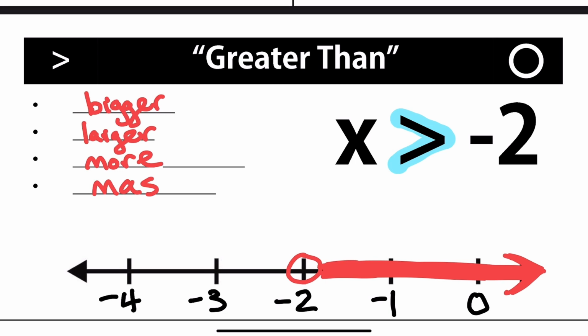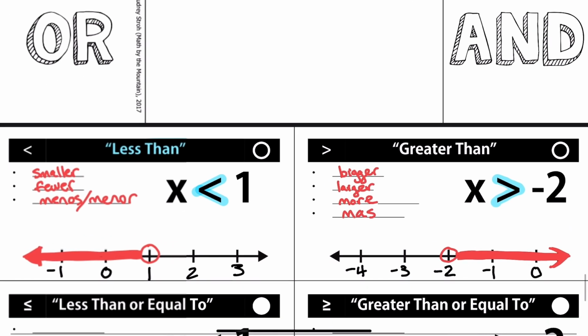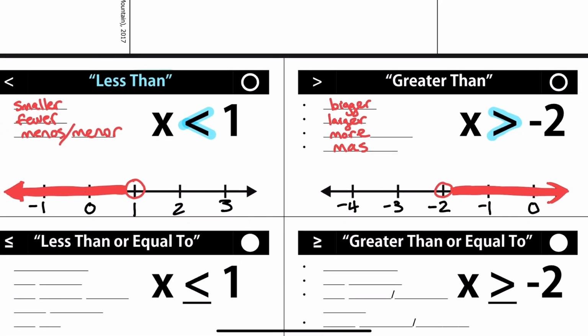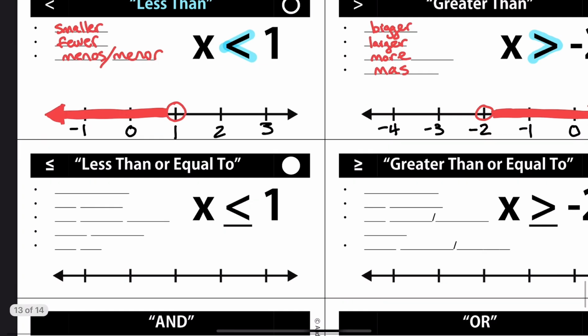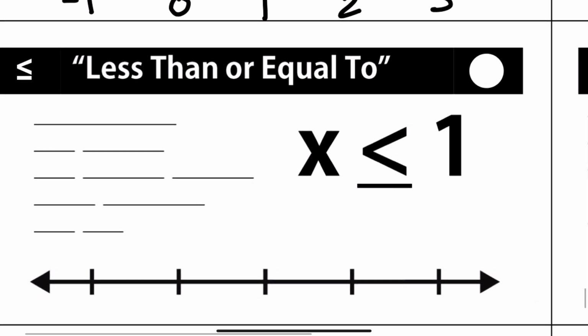Now, those are the top two. Notice that the top two here both have the open circle. It is not filled in. The bottom two that we're about to talk about have filled in circles. That is going to be the difference here. So let's talk about less than or equal to.